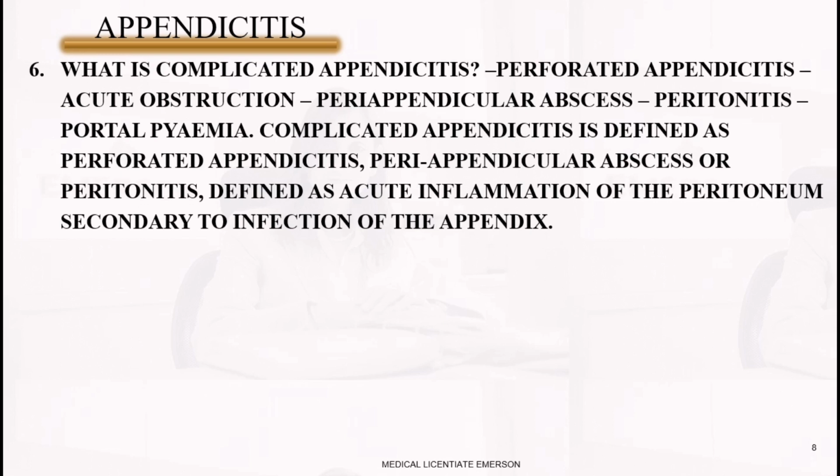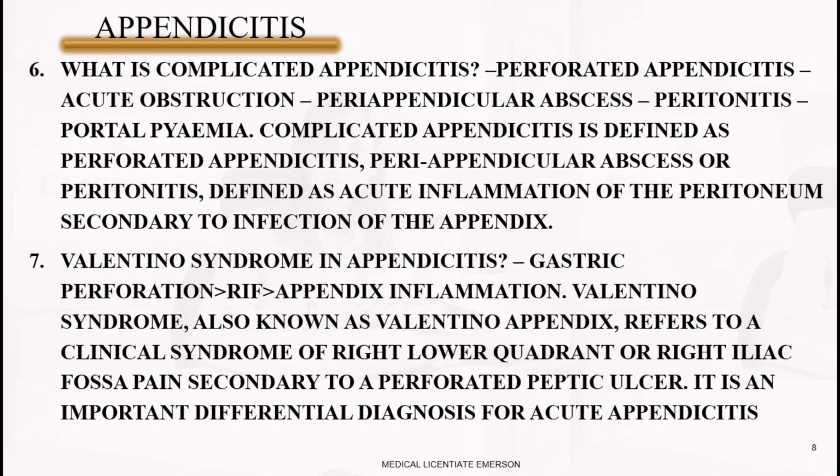The other way we can define complicated appendicitis is perforated appendicitis, periappendicular abscess or peritonitis, defined as acute inflammation of the peritoneum secondary to infection of the appendix. I think the last part is the easiest way of defining it. So acute inflammation of the peritoneum secondary to infection of the appendix, that's complicated appendicitis.